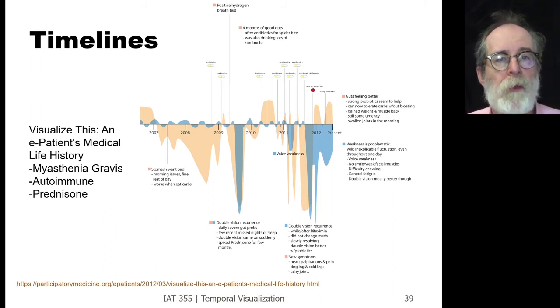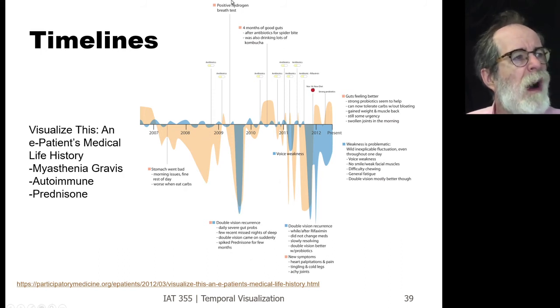And so that's some of what this timeline is depicting. Here in the pinky orange color, the annotation says stomach went bad, morning issues, fine rest of the day, worse when eating carbs. It's a documentation of the severity of that problem and the interventions that this person did to address that.